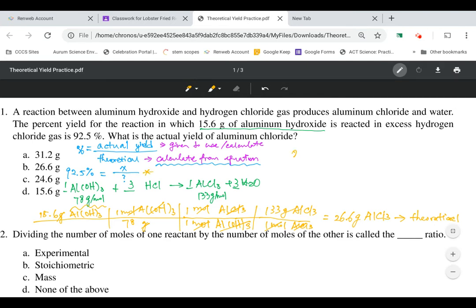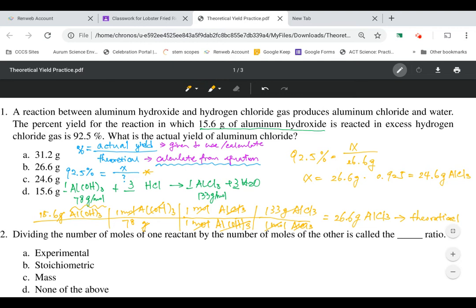So 92.5% is equal to x over 26.6 gram. So you cross multiply: 26.6 gram times 0.925 is equal to 24.6 gram aluminum chloride. And that's your answer.